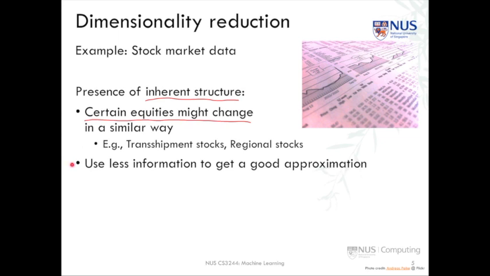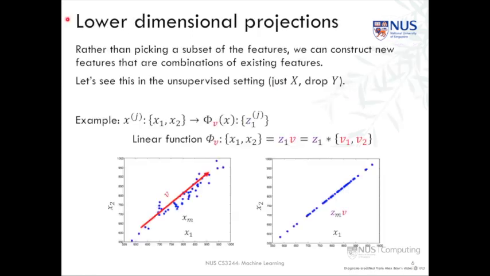For these reasons, we might capture an average for either a region or a particular domain of stocks and use less information to get a good approximation. This capitalizes on the structure inherent within the data. It would help improve our models because we have a stronger signal-to-noise ratio for our inputs.